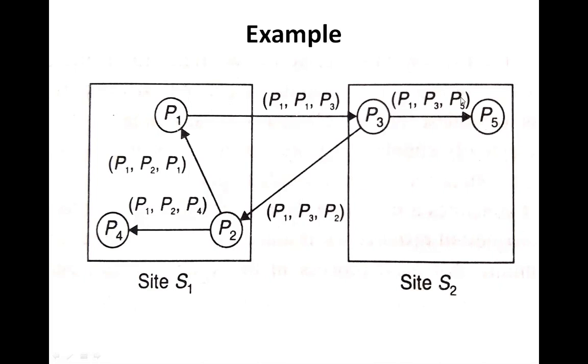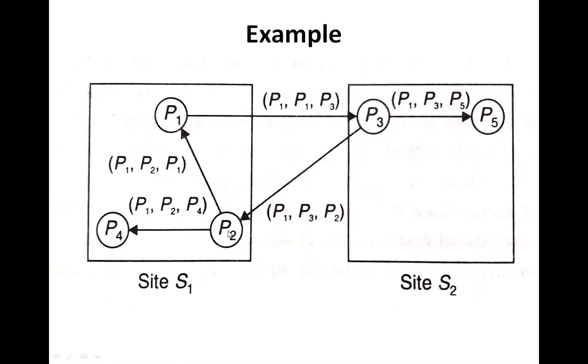Now process P5 is busy. It is not in the wait state, so it will ignore this message. P3 will also send a message to P2. First element remains as it is, second element becomes P3, and the third becomes P2.